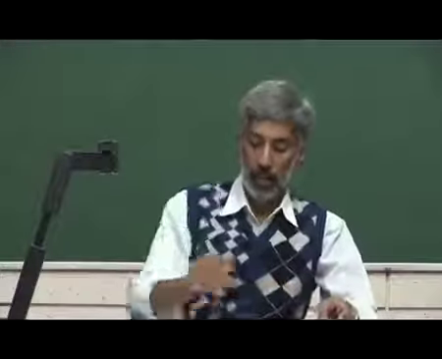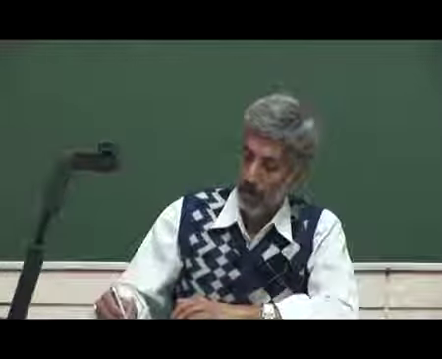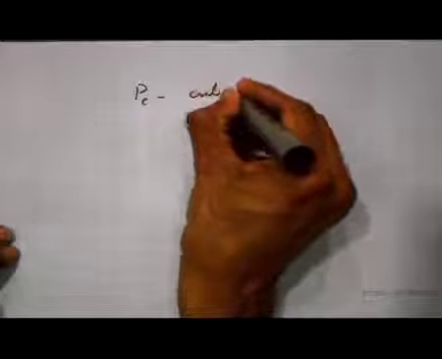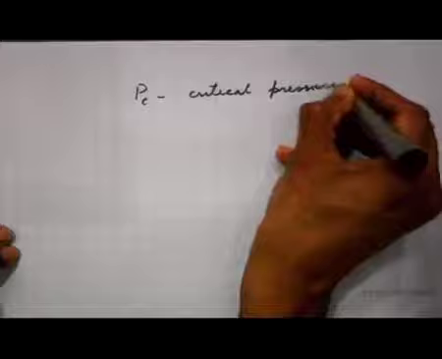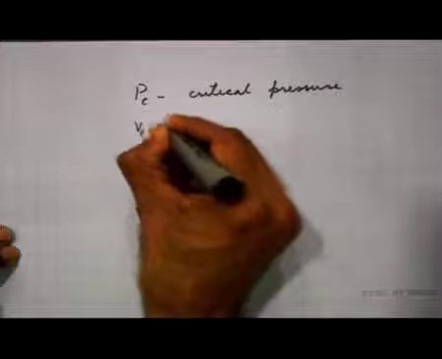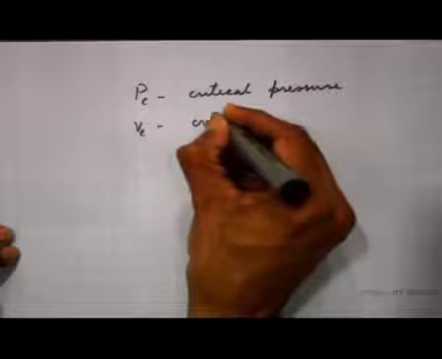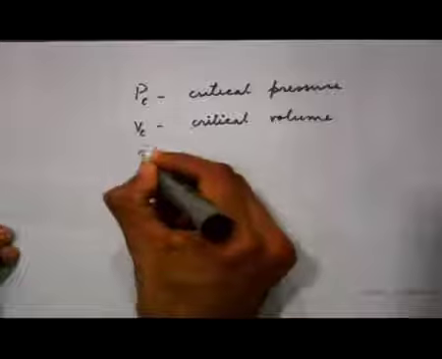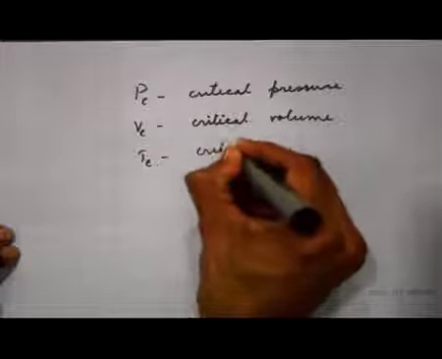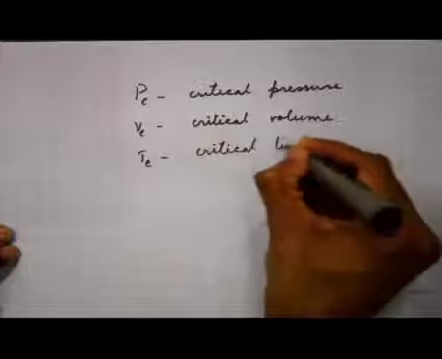We are saying that for every gas there is a P C, the critical pressure, V C, the critical volume, and T C, a critical temperature.